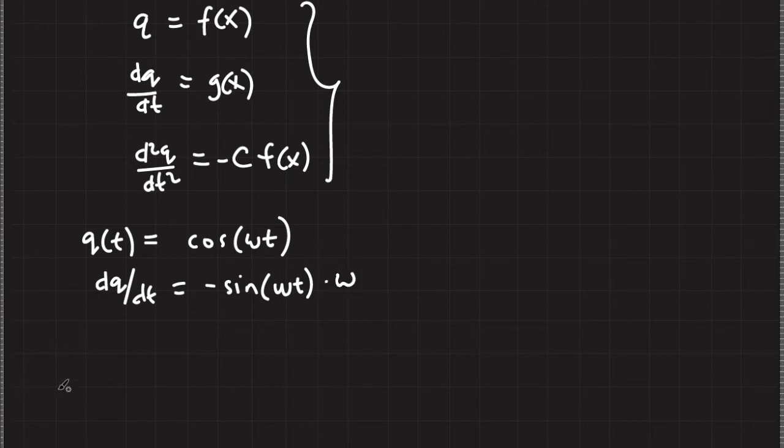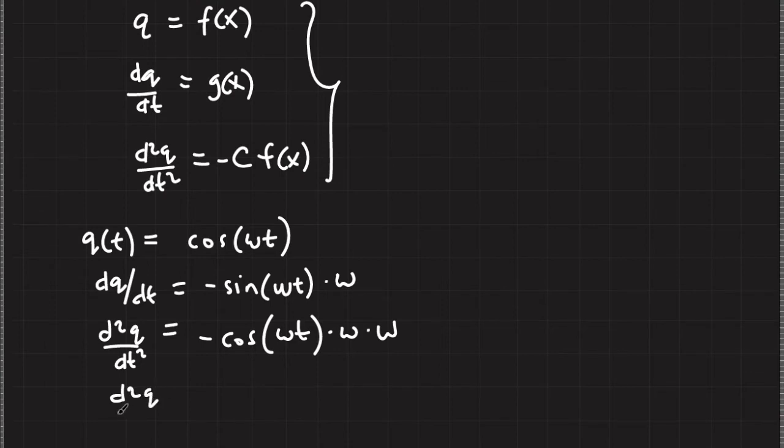And then when I obtain the second time derivative of q, the derivative of sine is cosine, so I'll have negative cosine omega t times the argument. And using chain rule, we have to multiply this with omega, which tells us that this is equal to negative omega squared cosine omega t.